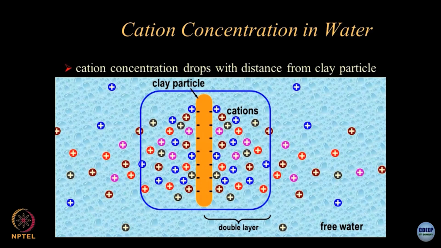So, this is what the concepts are. A lot of R&D is being done in this context to understand how the clay particles behave, what the electromagnetic forces are, and how the dynamics of the particles takes place when they come in different types of solutions. And if I change the concentration of the cations, or if I use different types of cations, what is going to happen to the equilibrium, alright.